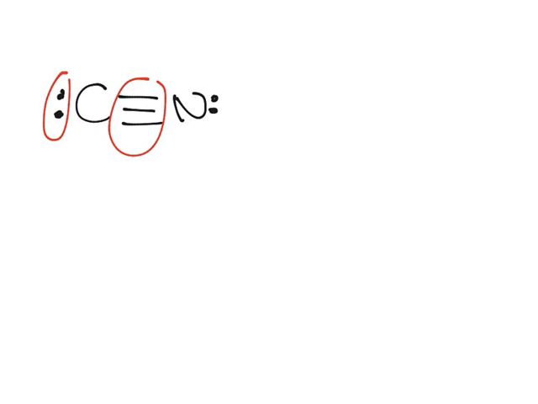We'll use this. Once again, you know that the nitrogen we just did has a formal charge of 0, but this carbon looks a little weird, so let's look at that. It has 2 non-bonding or lone pair electrons, 3 bonds, and 4 valence electrons.